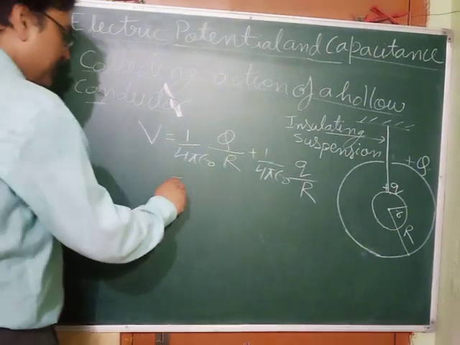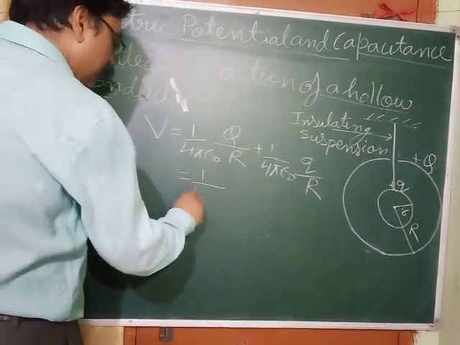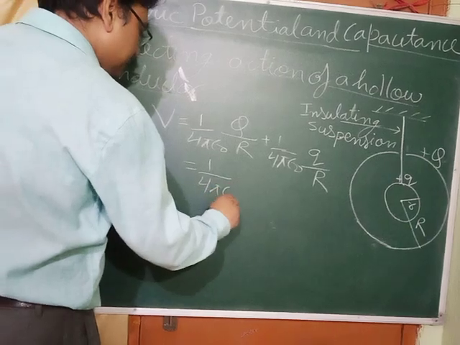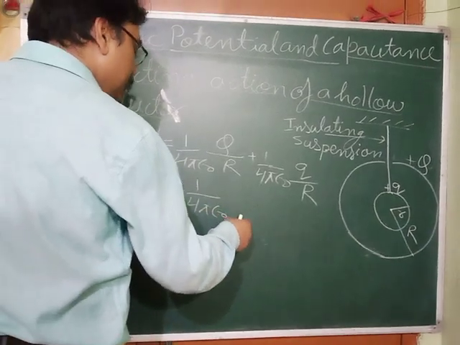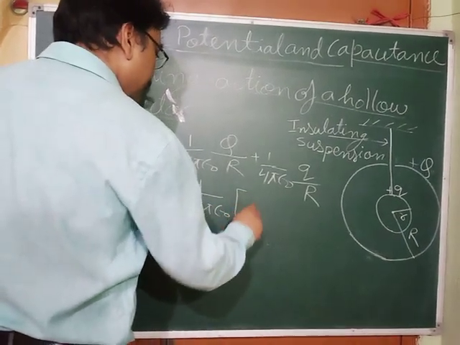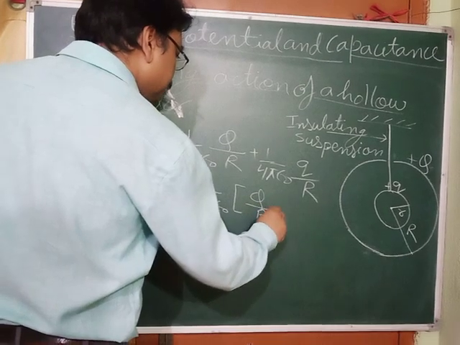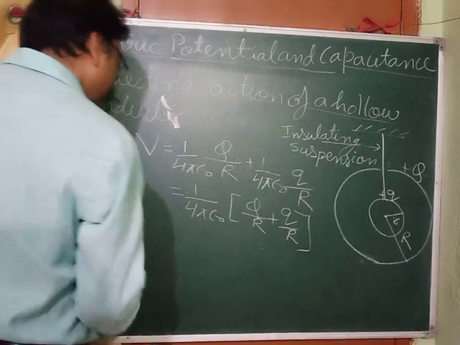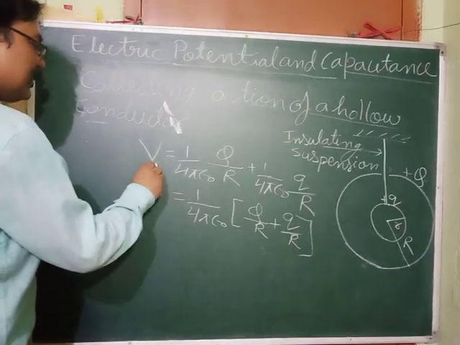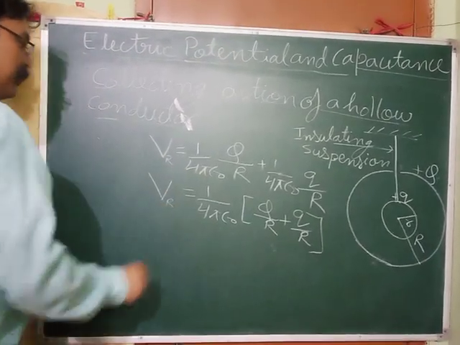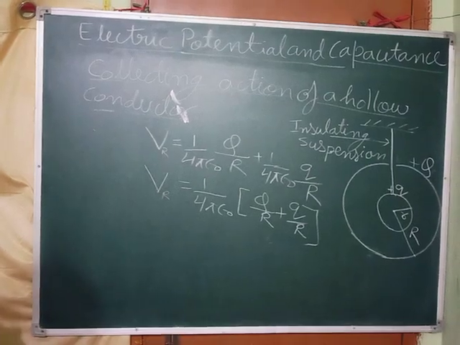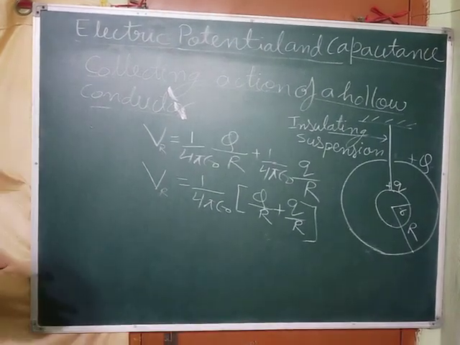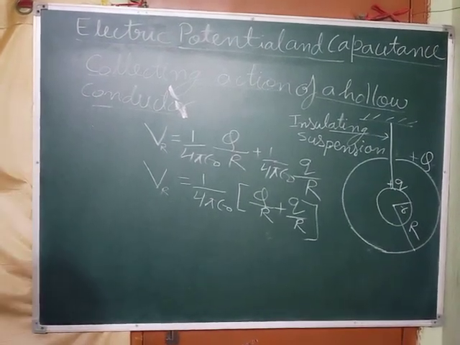So what do you get from here? 1 by 4 pi epsilon naught, that is common. We are getting capital Q by capital R plus q by capital R. Let us write it as V capital R, because this is the potential on the surface of the larger spherical cell, that is the external spherical cell.